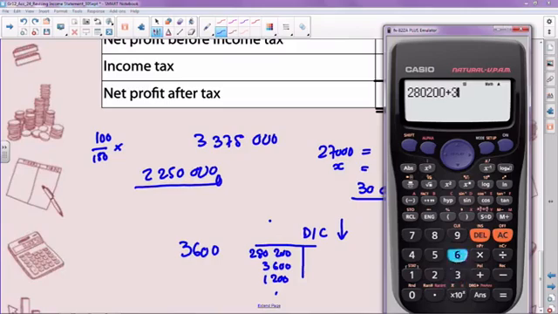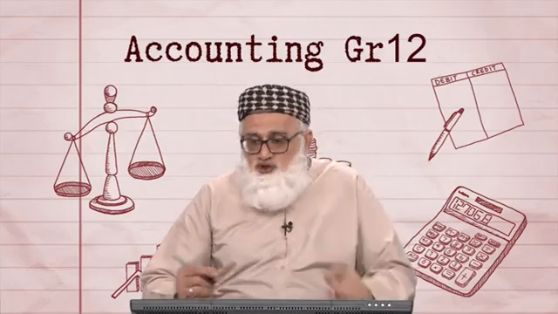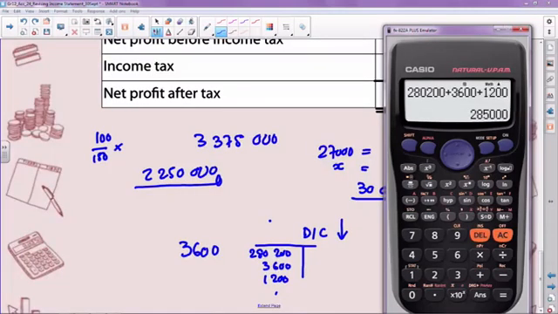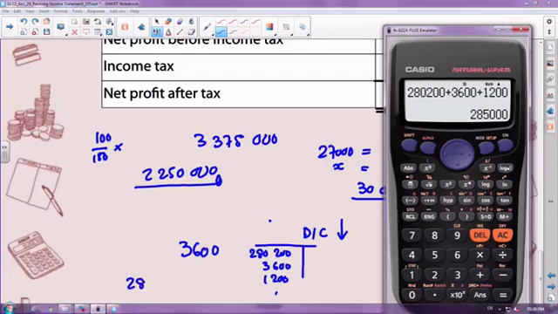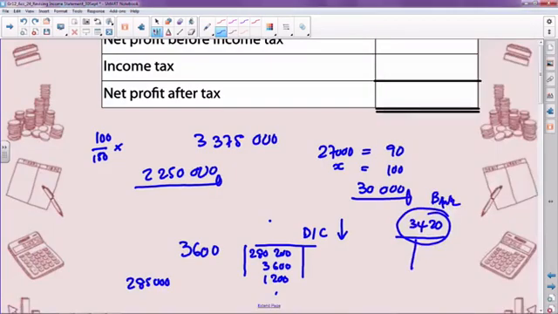Plus 3,600 plus 1,200. Why am I doing that? Because I need to calculate my provision for bad debts, which is based on my debtors control figure, and this is equal to 285,000, right? There's my 285,000, taking these components into account.